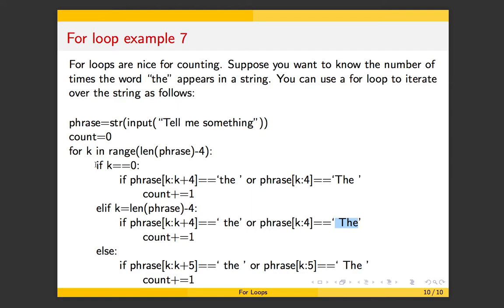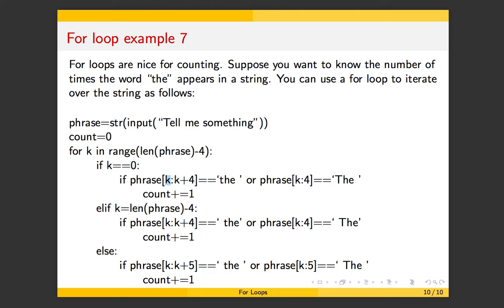Okay, so what's happening here is, at the beginning, if k is 0, then tell me if they started their phrase with the or The with a capital T. And I'm looking for something of length 4. So this phrase, k colon k plus 4, recall what this is. If k is 0, this is a 0. This is a 4. So as with the range on a for loop, I'm inclusive here.